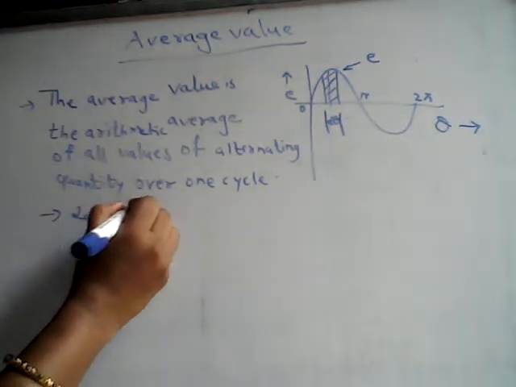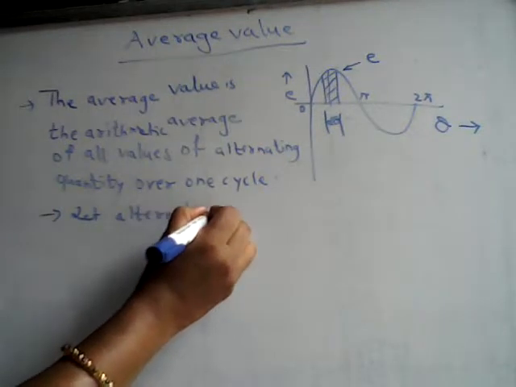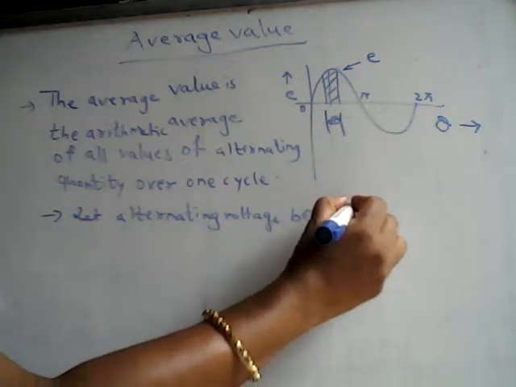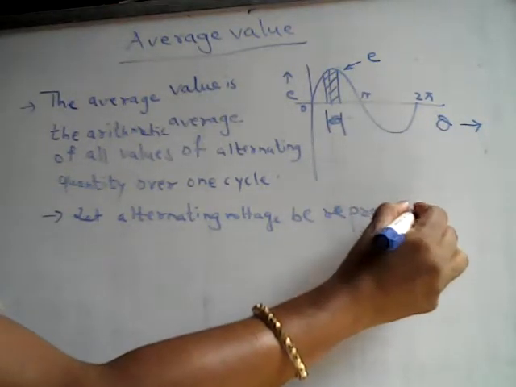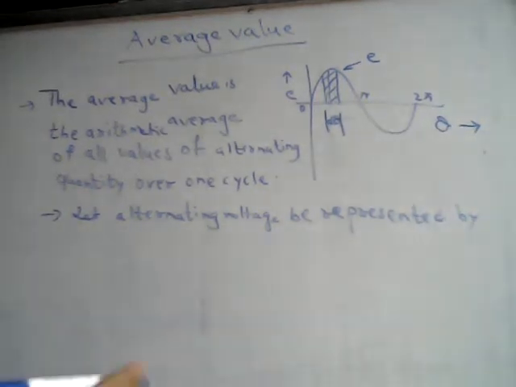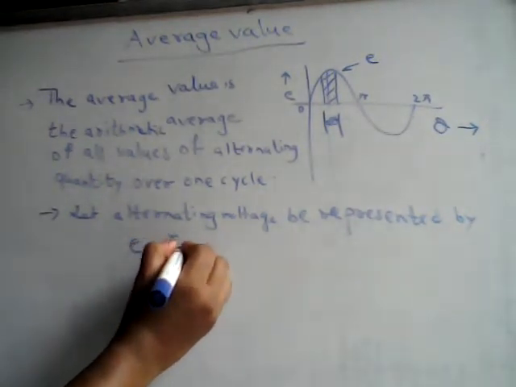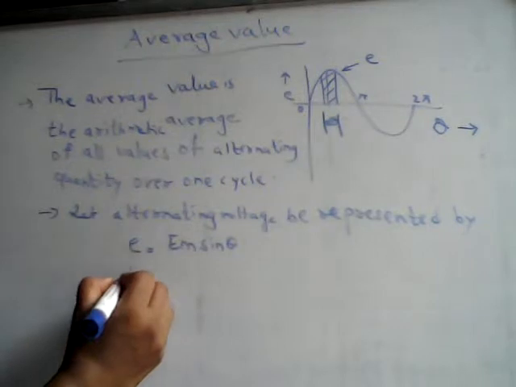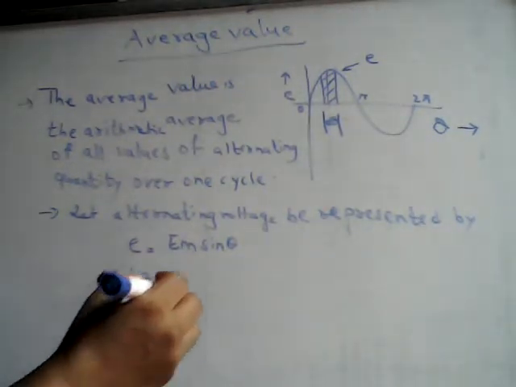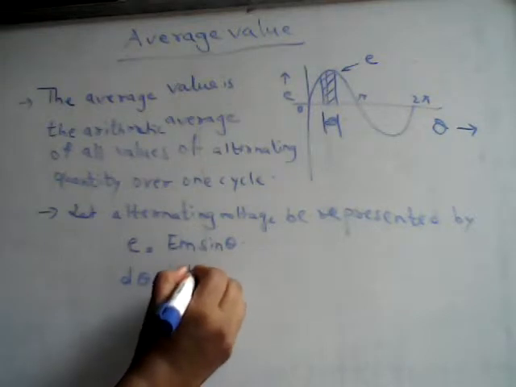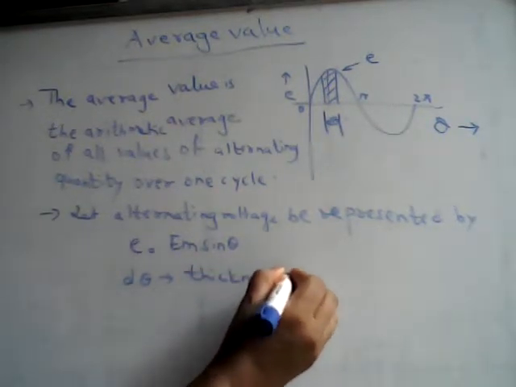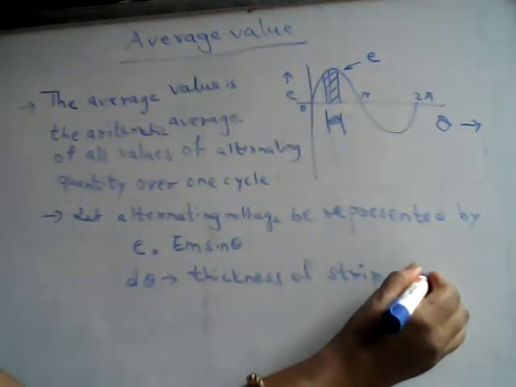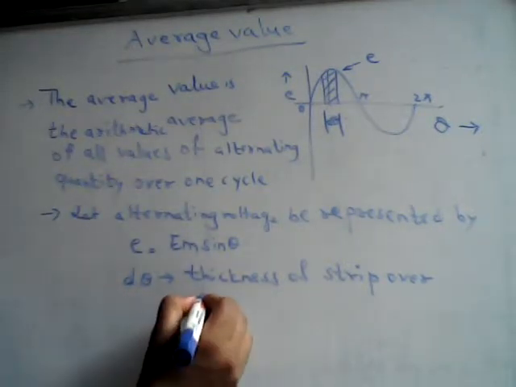So let the alternating voltage be represented by E equal to Em sine theta, and let d theta be the thickness of the strip over the first half cycle.